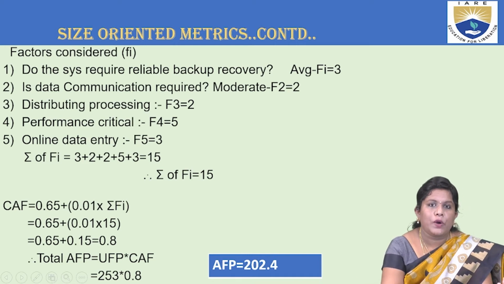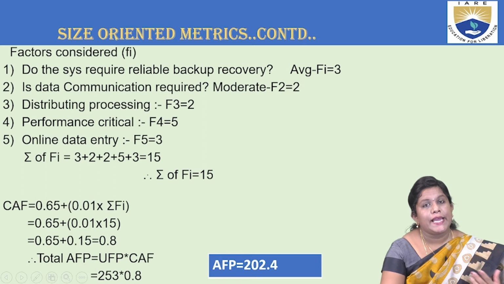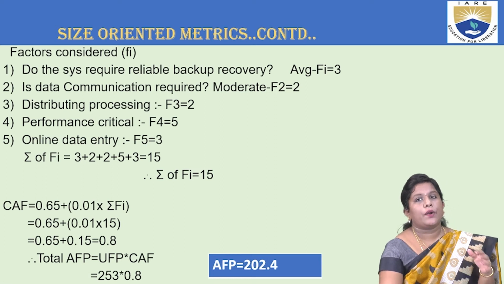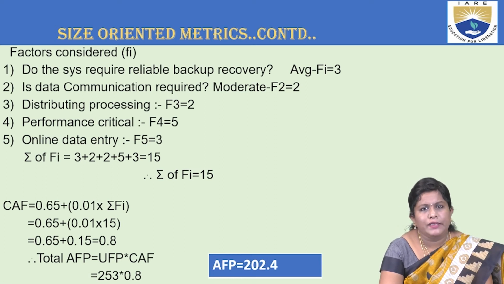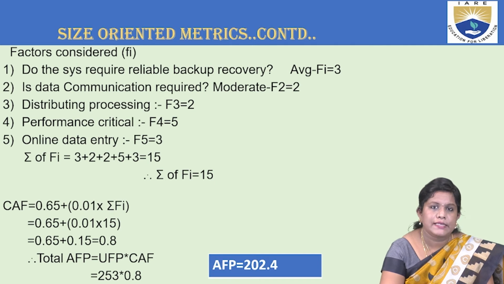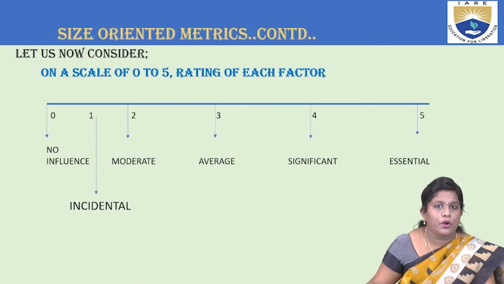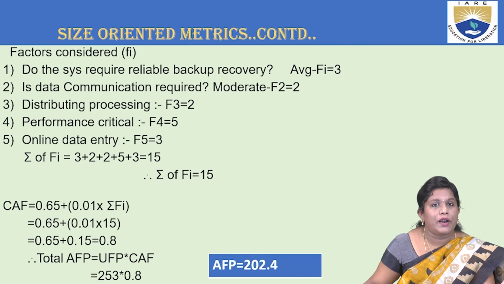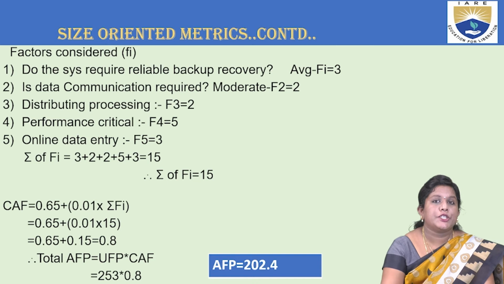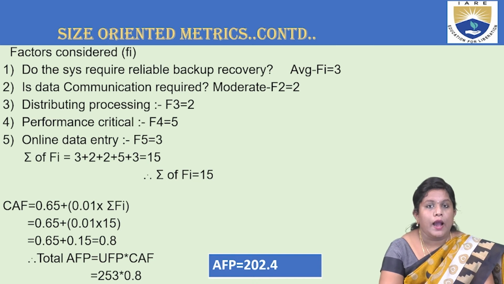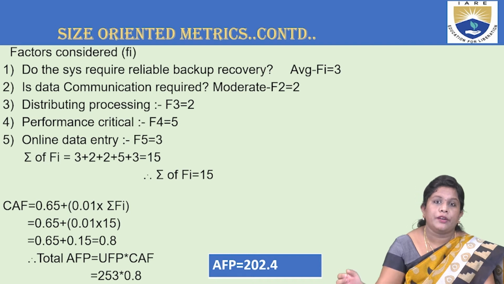Same thing if I move to another question which says, is data communication required? I feel that yes, moderately, data communication is required. There I am giving it as F2. F2 is nothing but moderate on my scale, which is 2. So my value of F2 becomes 2. My third question, distributed processing. Does your project require processing in a distributed manner?